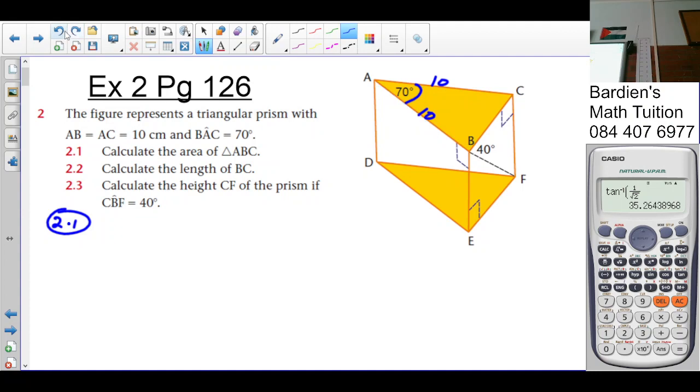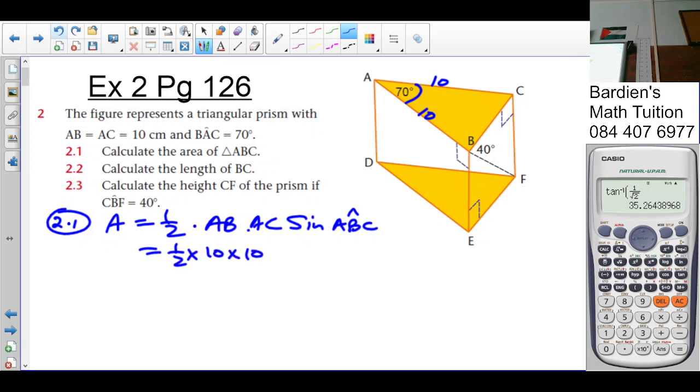So the area is going to be half AB times AC times sine of the included angle, which is angle BAC. Which is going to be half times 10 times 10 times sine of 70.